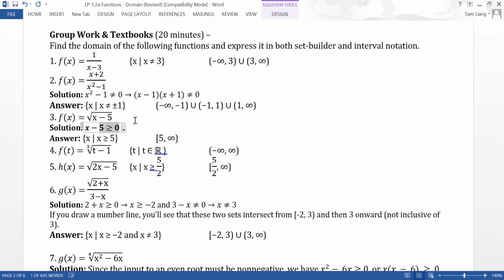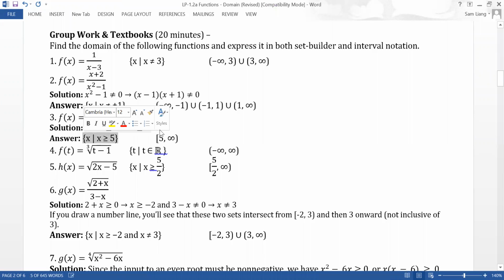That's the radicand, right? It has to be positive or 0. So this would become x is greater than or equal to 5, which gives us this answer here for set builder. And then for interval, it's just 5 to infinity. 5 is included because 5 is okay, right? 5 minus 5 is 0, square root of 0 is 0. That's okay.